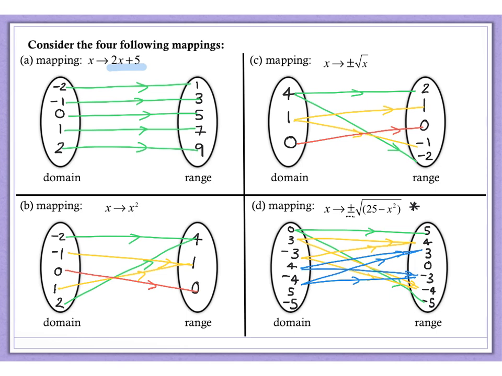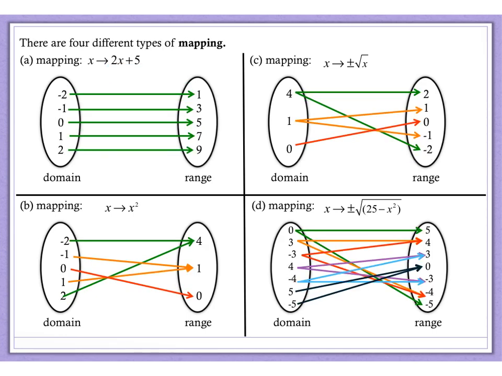And then 5 is mapped to 0, as is -5. So we have quite a complex pattern here in that some of the inputs map to multiple outputs which are shared by other different input values as well.